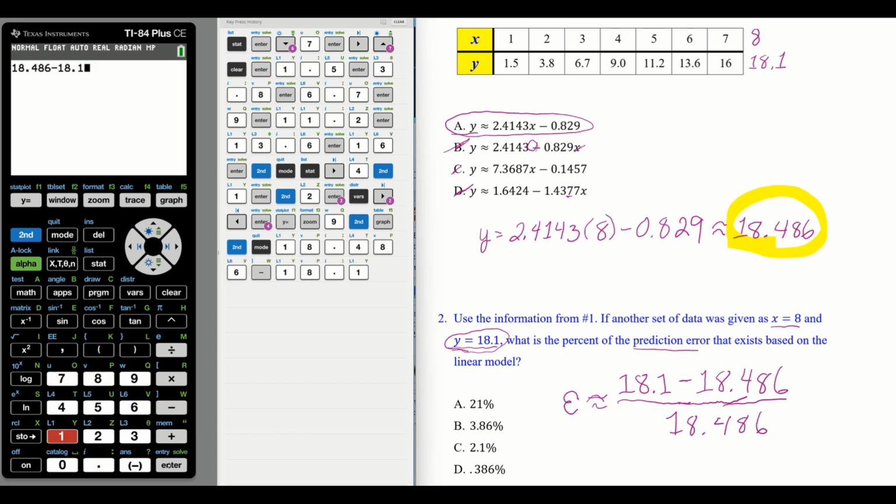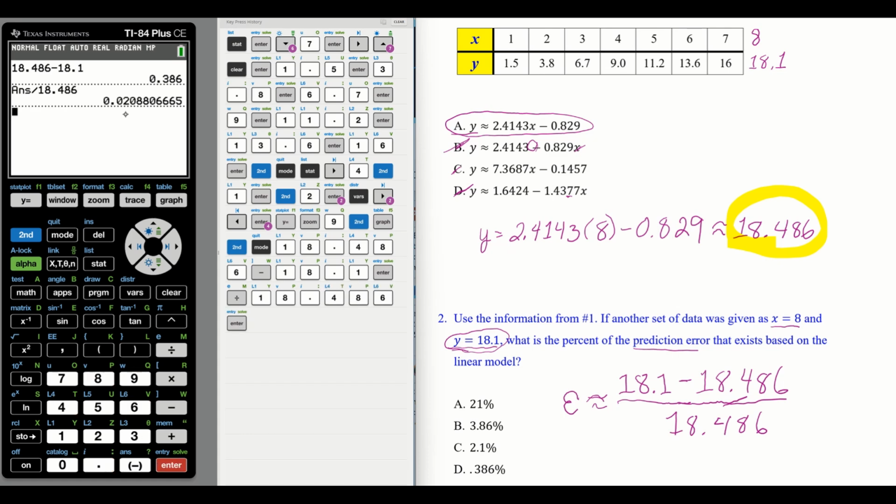Yes, you could have done that in your head. That gives us a little decimal. Now we're going to divide by the 18.486. And that gives us a pretty good number. We move over the two places in the decimal with some rounding, and we have option C.